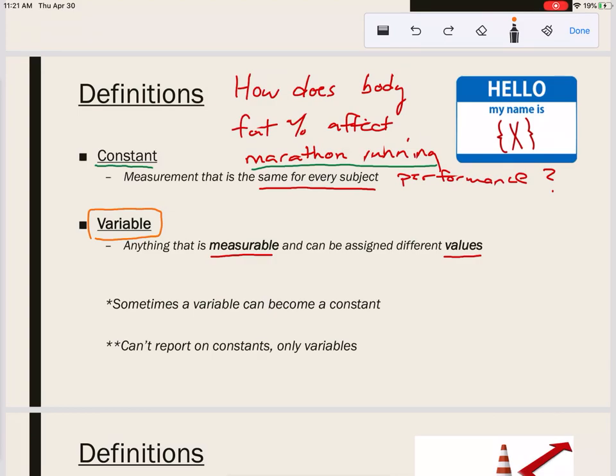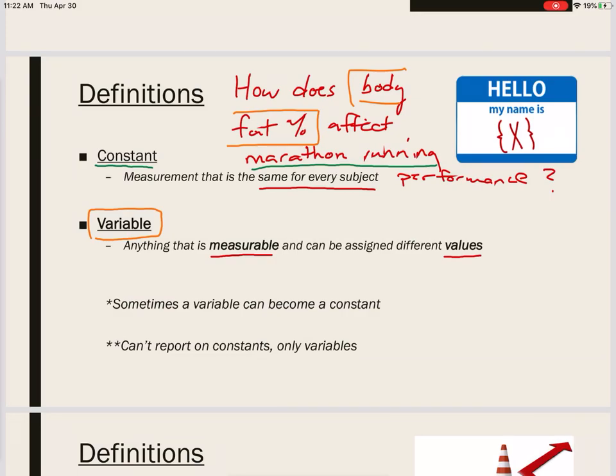Versus the variable. The variable is something that is measurable and it will be assigned different values. So the variable in this instance, you guessed it, would be body fat percentage because it's going to be different across the sample of people.